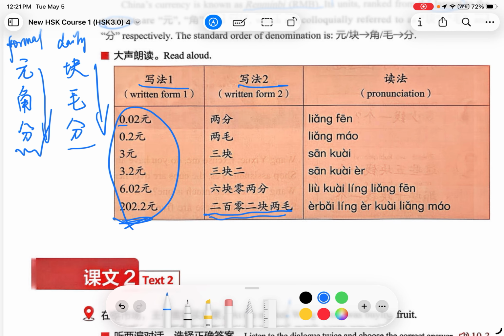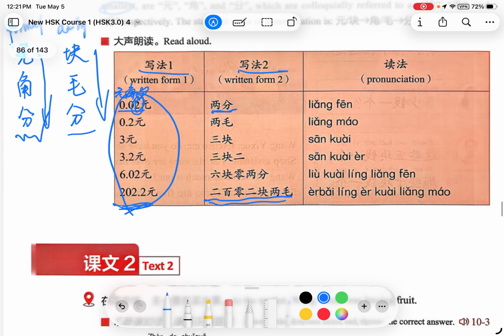So here, it's 元角分. But remember that if there's a measure word behind, we use 两.